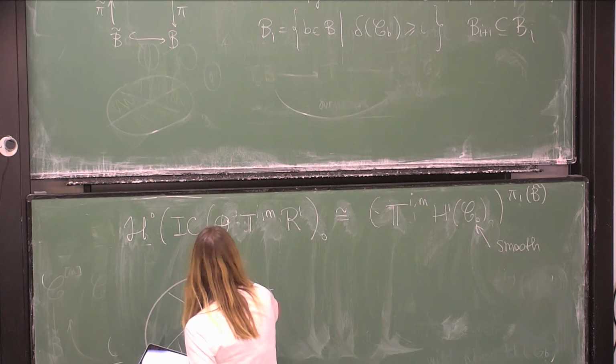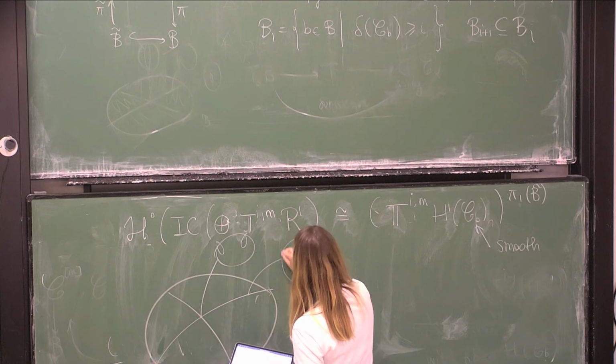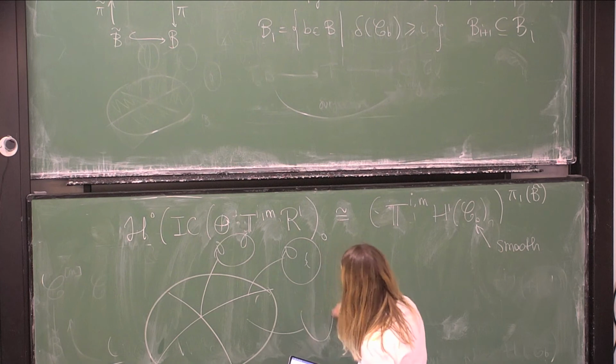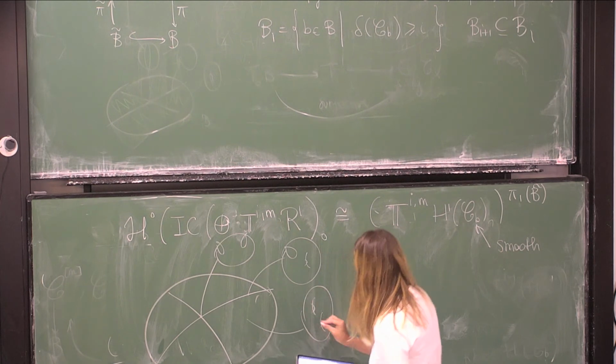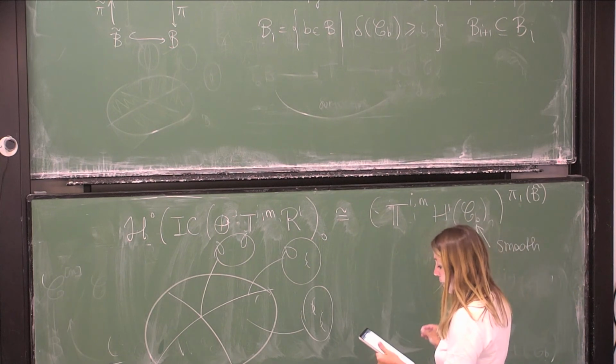Again, I have, let's say, a curve here with 2 nodes. Here I have a locus in which one node is smoothed out, and here I have an honest curve of genus 2, for example.